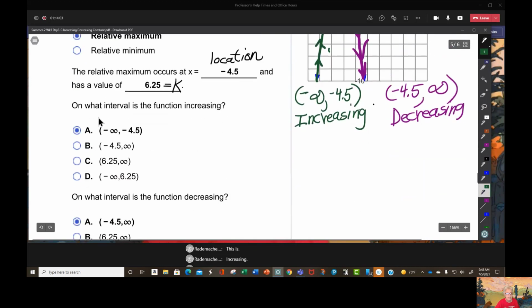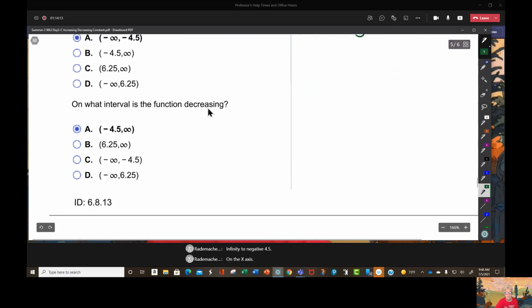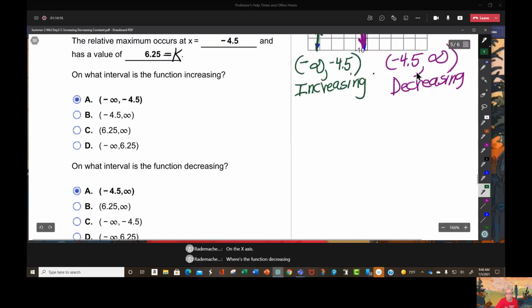So let's see, where is the function increasing from negative infinity to negative 4.5? On the x-axis. Where's the function decreasing from negative 4.5 to infinity? On the x-axis.